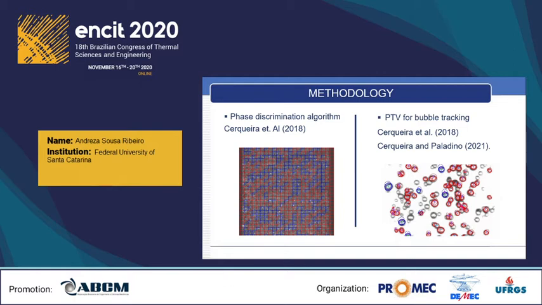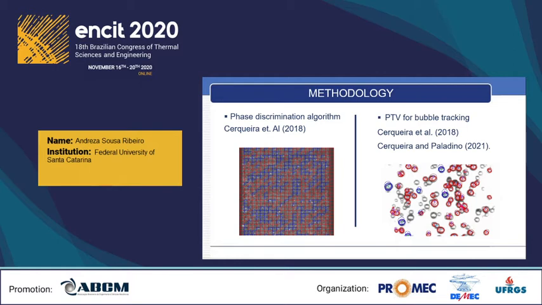The PTV method, based on backlight illumination footage, is used for obtaining information about the gas phase, such as velocity and bubble size. Furthermore, it's also used to verify the liquid velocity fields obtained from the PIV-LIF method.